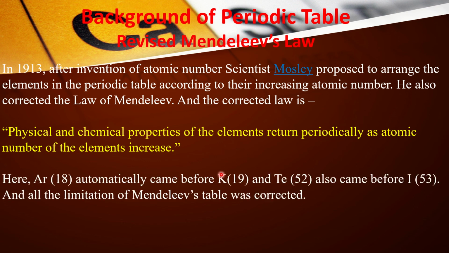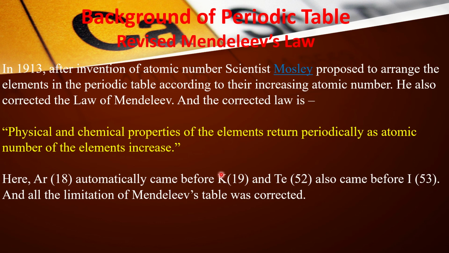After the invention of atomic number, there is no dissimilarity of the elements in the periodic table, because the atomic number of argon is 18 and the atomic number of potassium is 19. So as usual, argon will be seated before potassium.